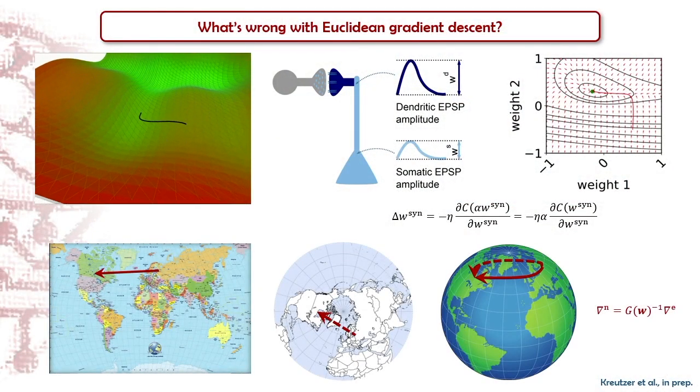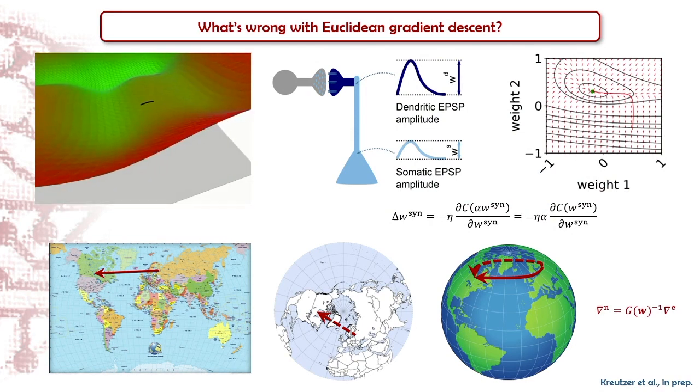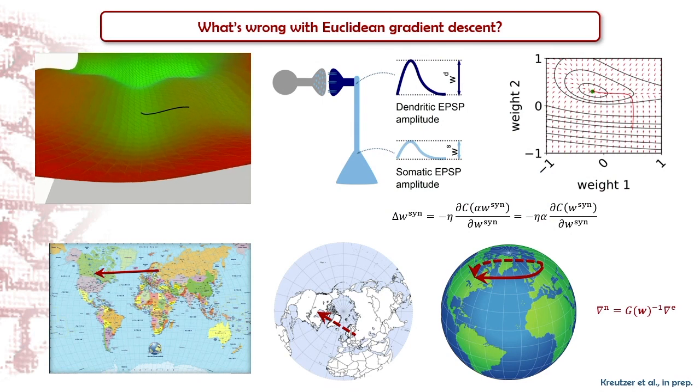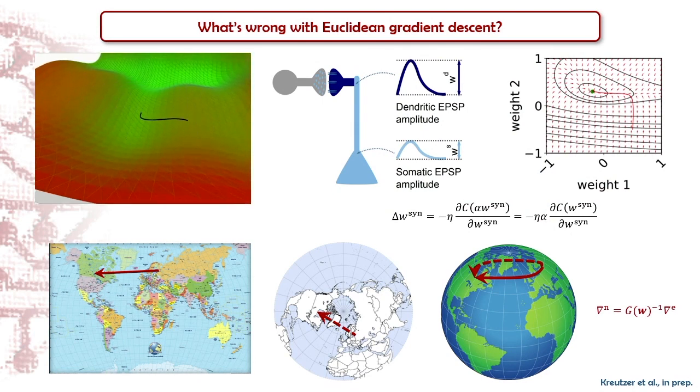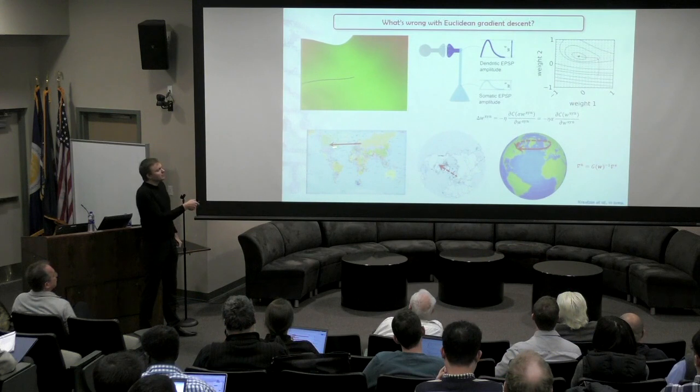This is a geometry problem, and it has something to do with parametrization. So this is an illustration of why this kind of Euclidean gradient descent is inefficient. If I show you this particular projection of the Earth's surface, and I would ask you to draw the shortest path from, say, Europe to Canada, then you might come up with this straight line.